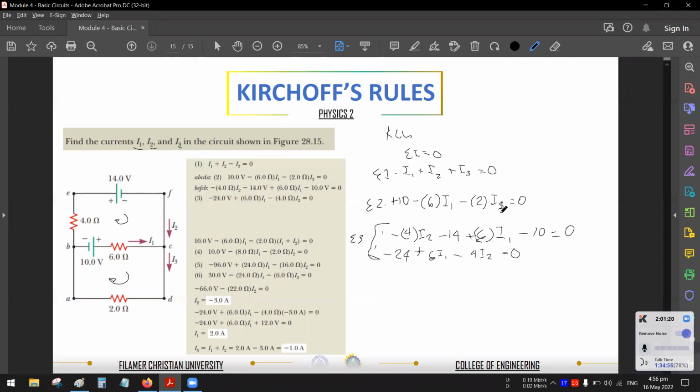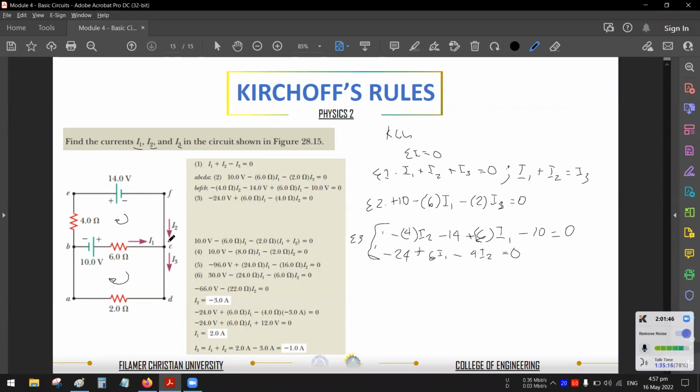Then yung I3. Yung I3 natin, so pwede natin siyang, kasi palabas to di ba? So we can have it by I1 plus I2 is equals to I3. Di ba?